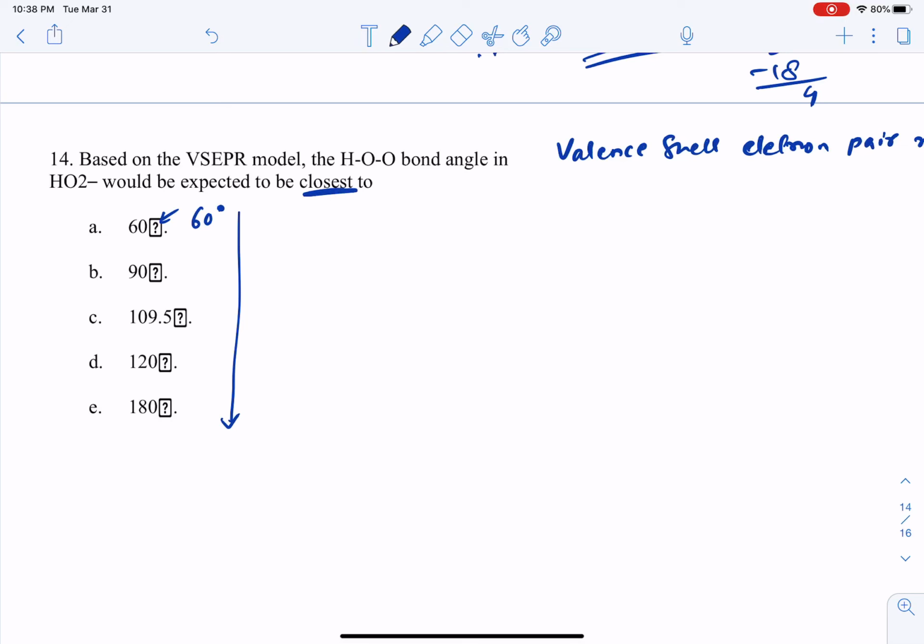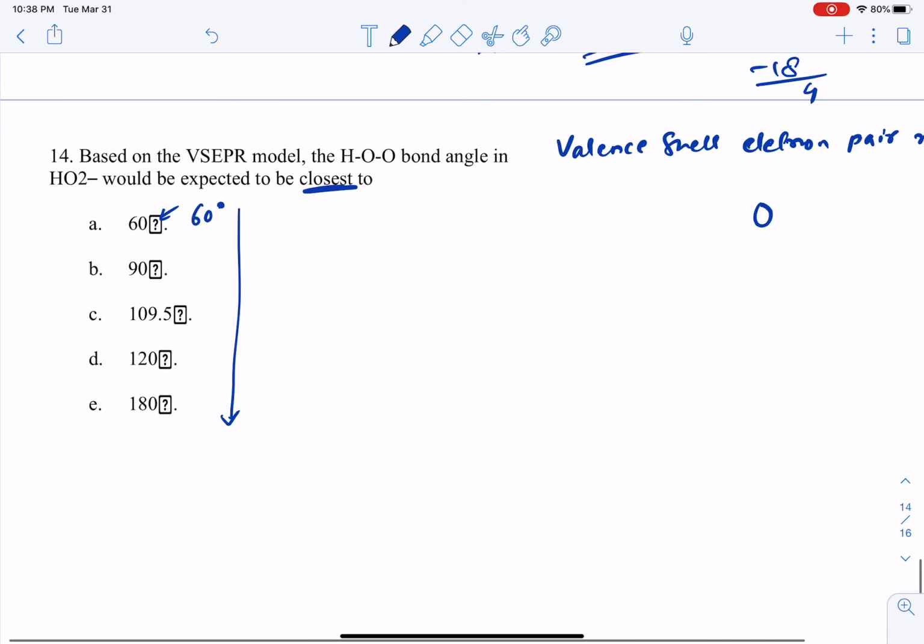So let's make the HO2 minus. O has 6, H has 1, but we have 2 oxygens, so it's 12, plus 1 for H, and we have a negative sign, so it has 1 extra electron, so we get 14.